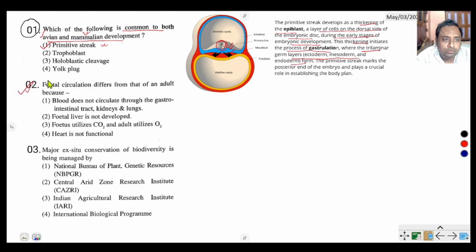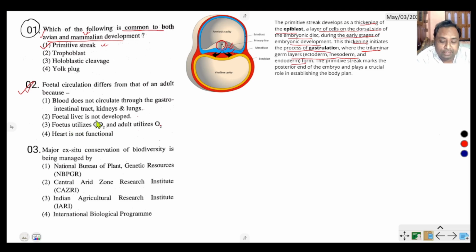Question number 2. Fetal circulation differs from that of an adult because: blood does not circulate through the gastrointestinal tract, kidney and lungs; fetal liver is not developed; fetus utilizes CO2 and adult utilizes O2; heart is not functional.